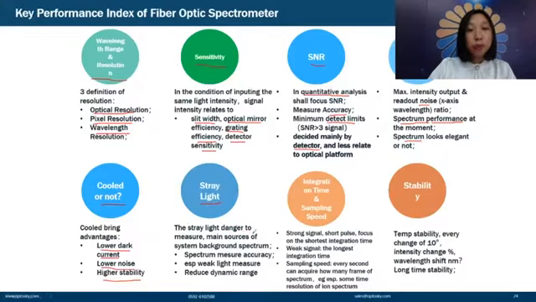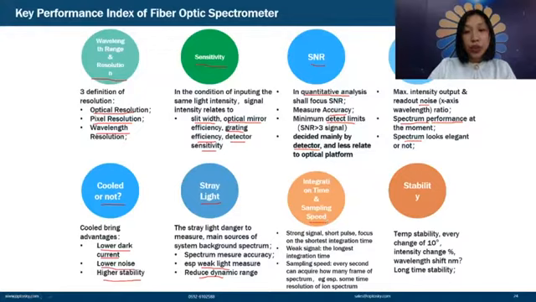It's dangerous to measurements, and it's the main source of the system background. So we need to eliminate stray light, especially since some weaker stray lights can make a big interference, and we also can reduce the dynamic range.